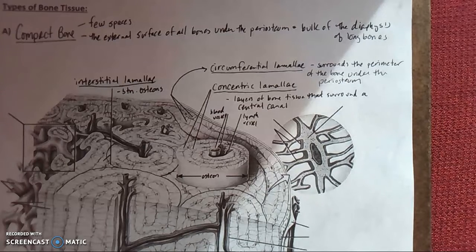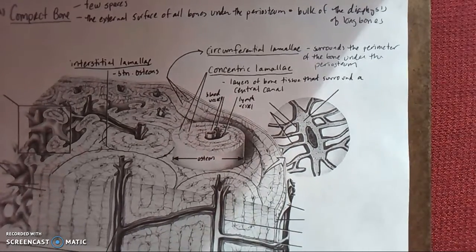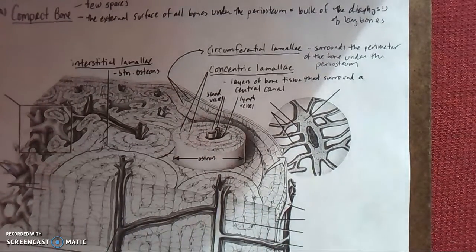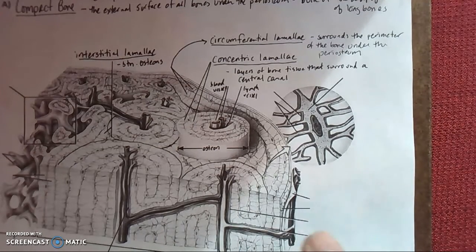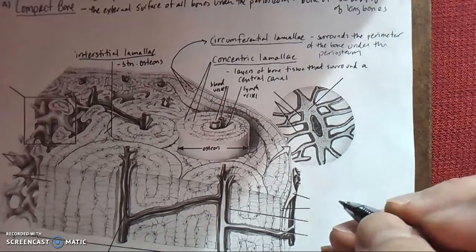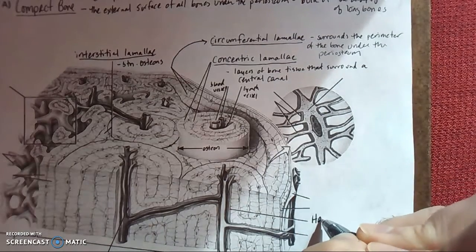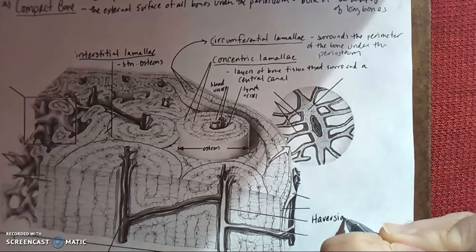We also have these different canals that form. So if we look down here, we have this central canal that goes down each of these osteons. This is called the Haversian canal.